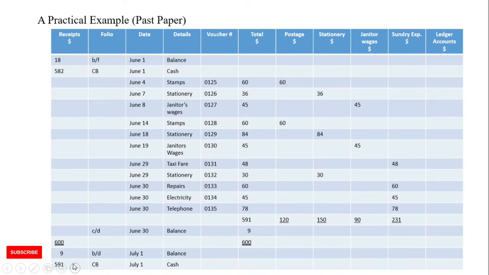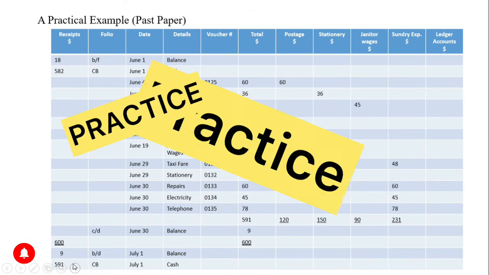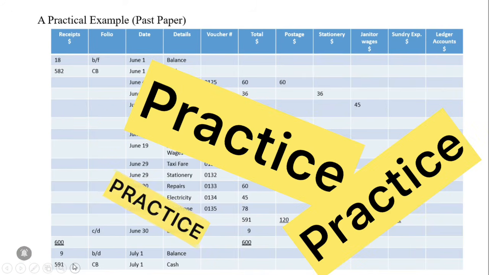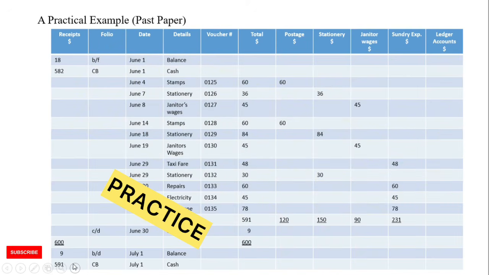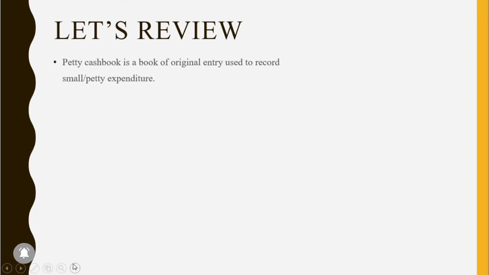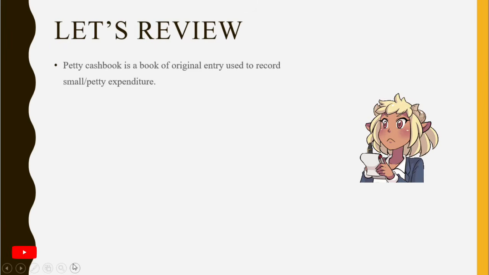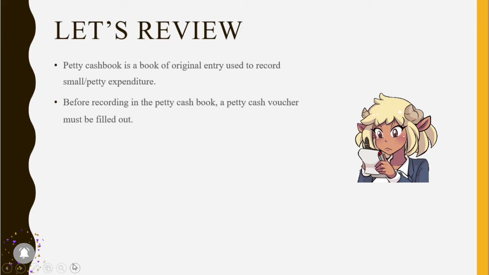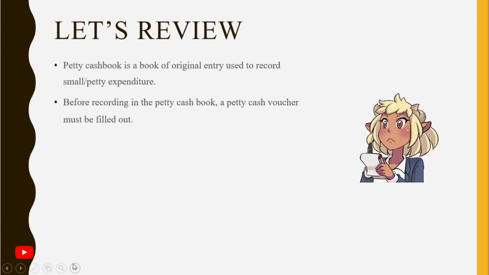So remember to always keep practicing, and that is how you do well in accounts. So let's review. The petty cash book is a book of original entry used to record small or petty transactions or expenditure. Before recording in the petty cash book, a petty cash voucher must be filled out.